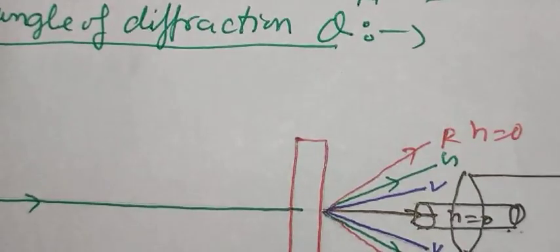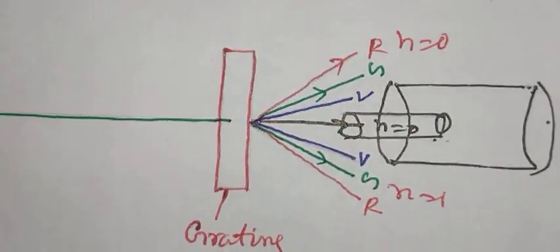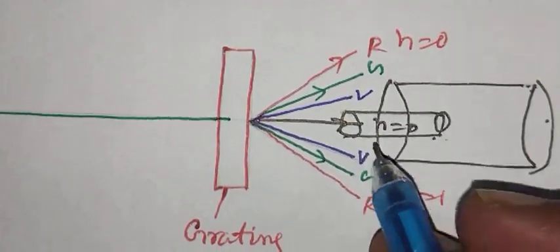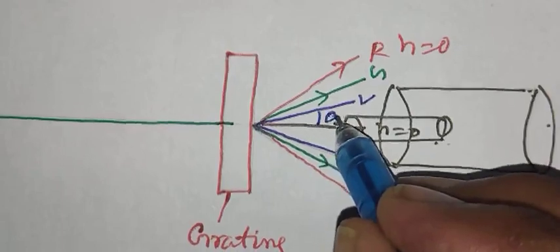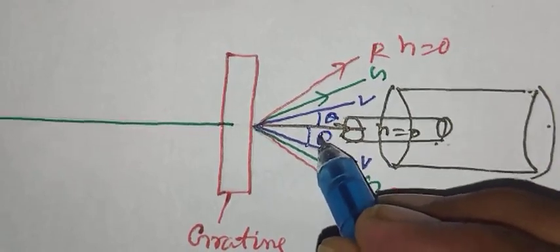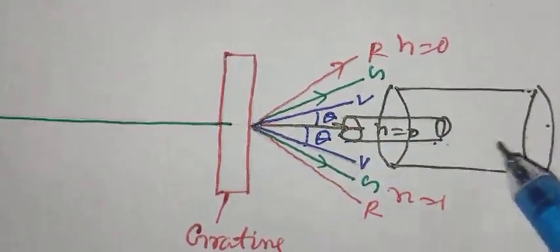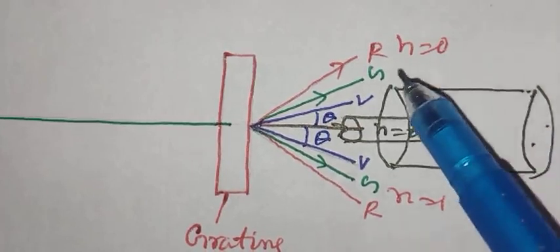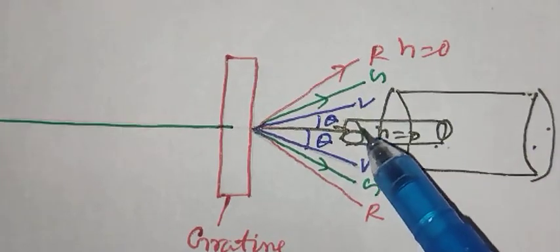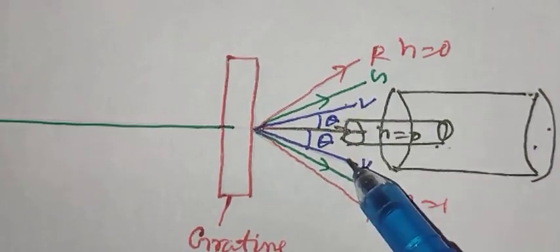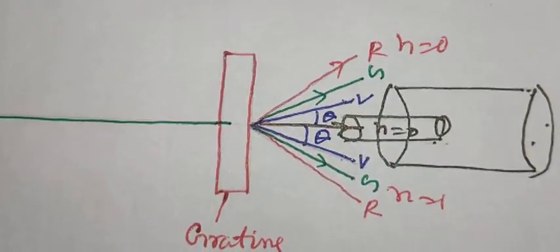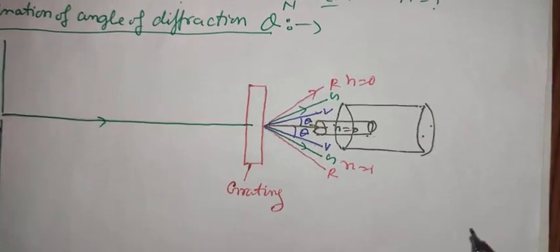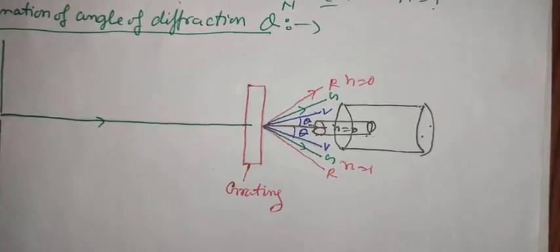Let us see this diagram carefully. The angle of diffraction theta can be obtained on both sides. By rotating the telescope and fixing the crosswire on each side, the position of both is noted. Let the first position be theta 1 and the second position be theta 2.